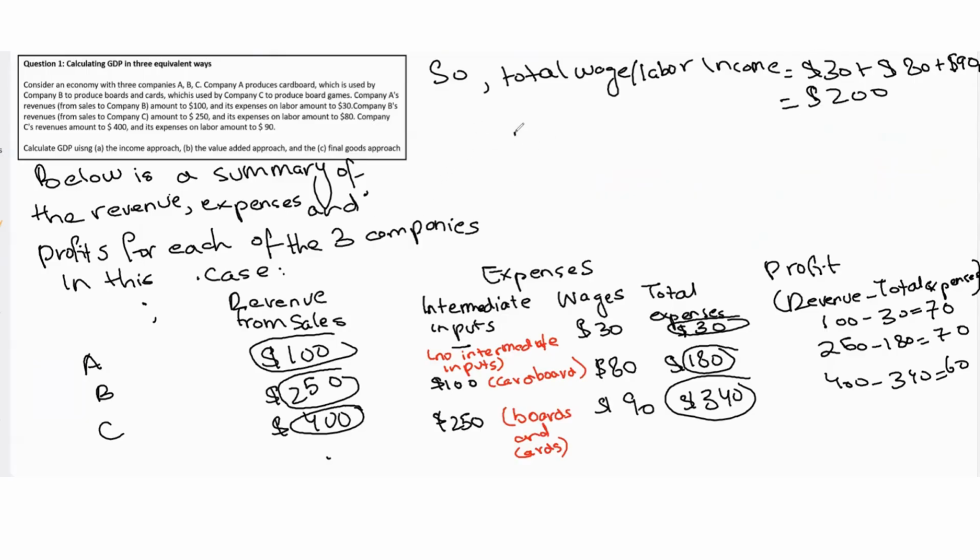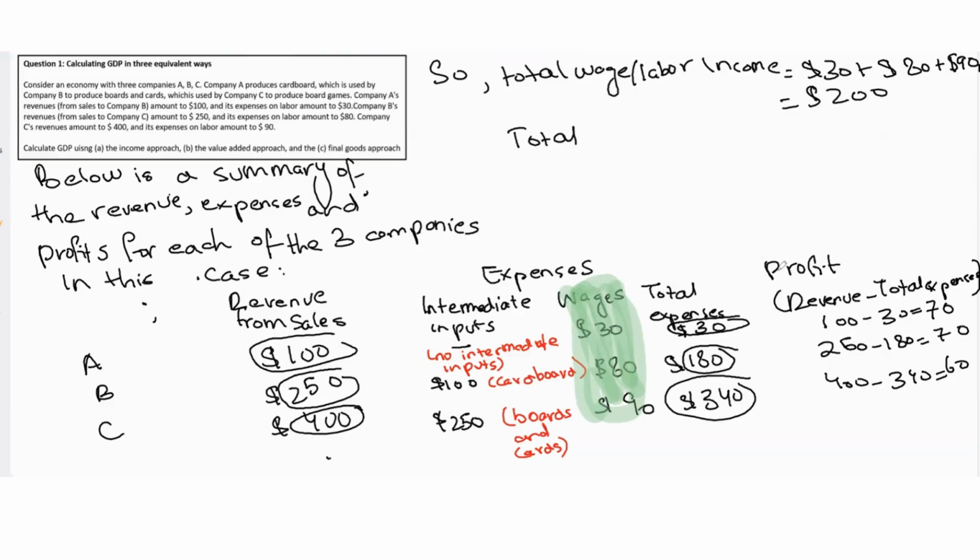And then we have total profits in the economy. For wages we have just used this column over here. Let me highlight this and make it thick. We use this column for the wages information.